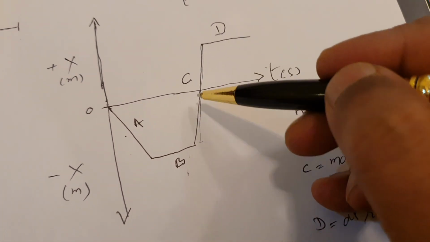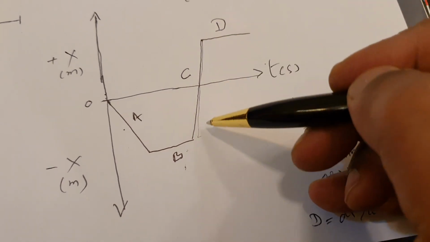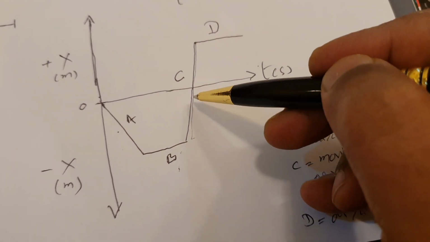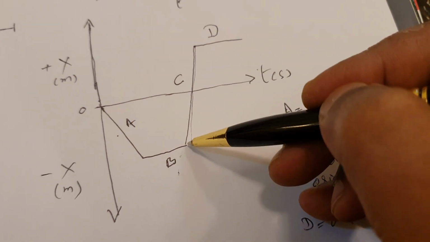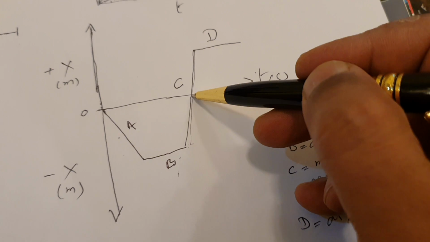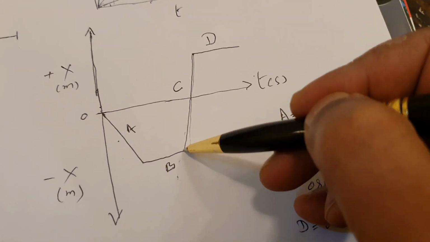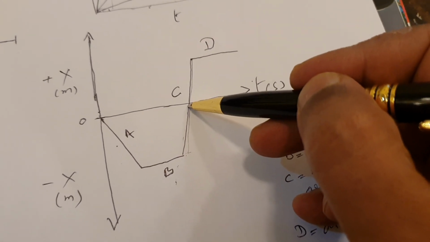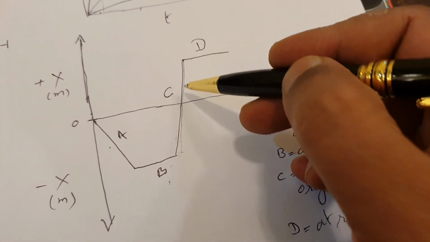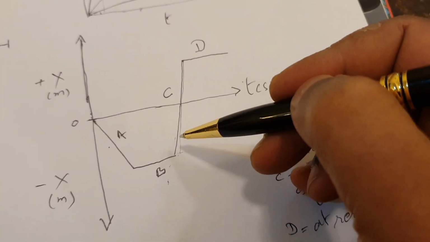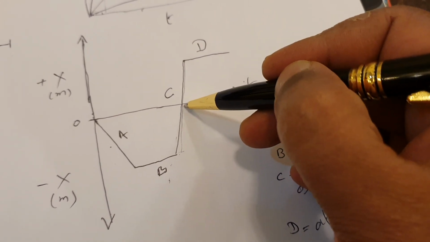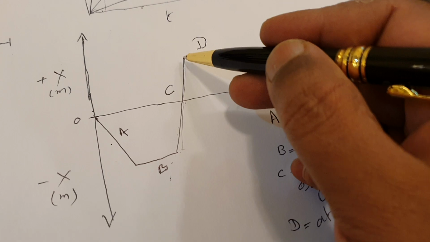And what happens at C? In C, you see that the object is moving towards origin again. So it was at rest and then it is moving towards origin. So if I calculate slope of this part, that would come out to be positive. This whole part of C means that object is moving towards origin, but it doesn't stop there. It keeps on moving towards right hand side.